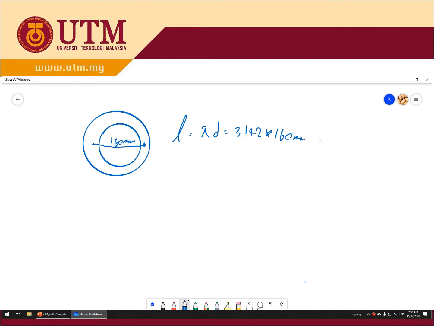Don't forget to change this into meter, the standard value. 1000 millimeter is 1 meter. Make sure you use the SI unit. Using the calculator, the answer is 0.503 meter. Make sure you use meter.